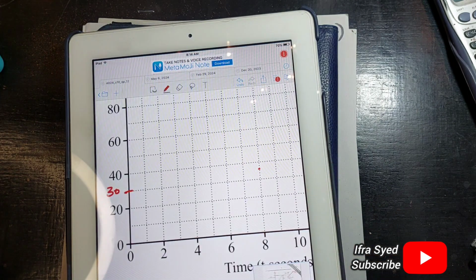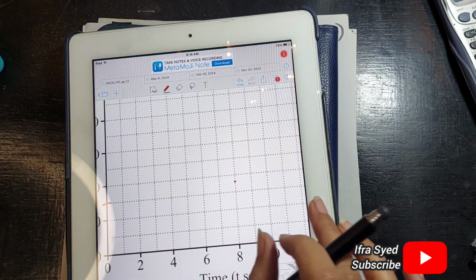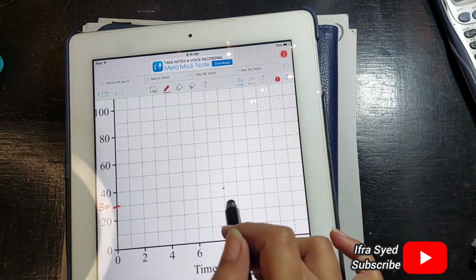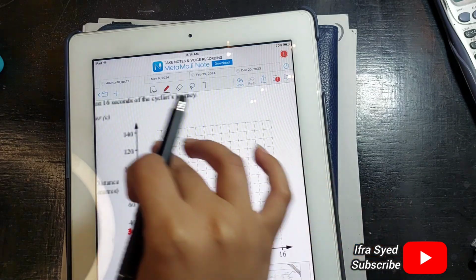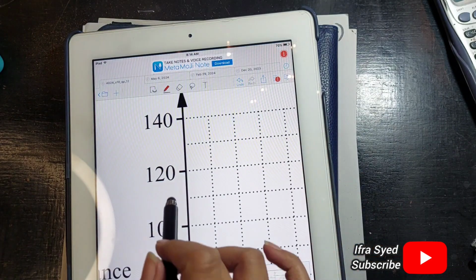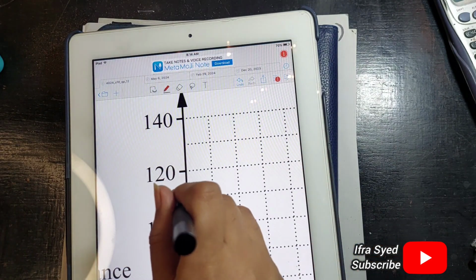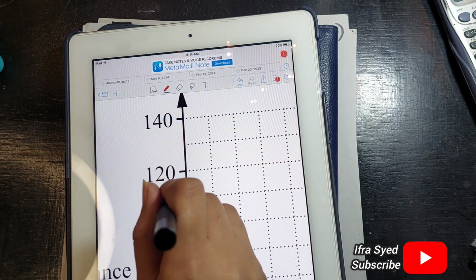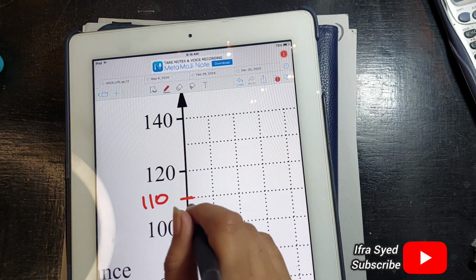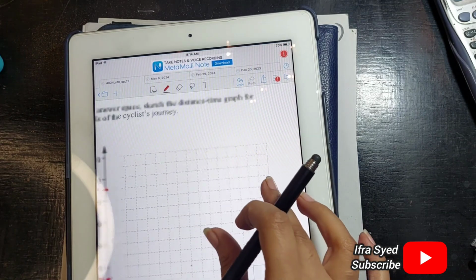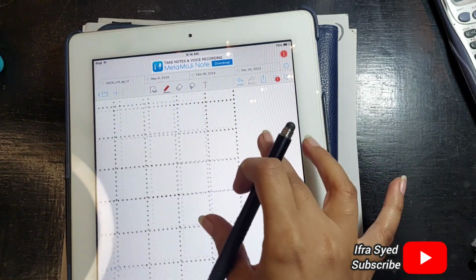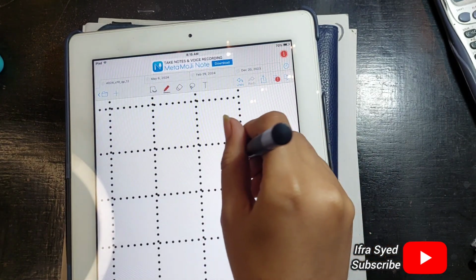This is our 36. So it is our first point, and the total distance was 108. Here is 100 and here is 120, so 110 will be in between these two. So this is 110, and we need 108, so 108 will be here.